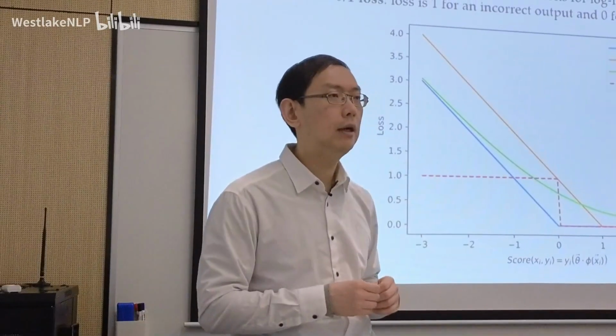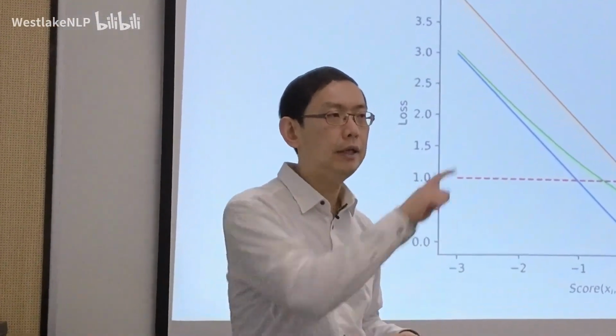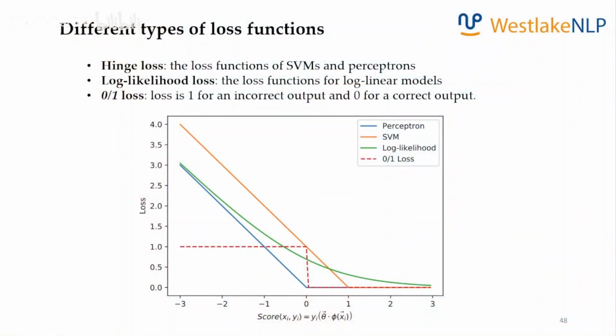Let's first look at the dashed line, this zigzag line. What is it? This is a theoretical case. What do I mean? It's called the 0-1 loss function. 0-1 loss.